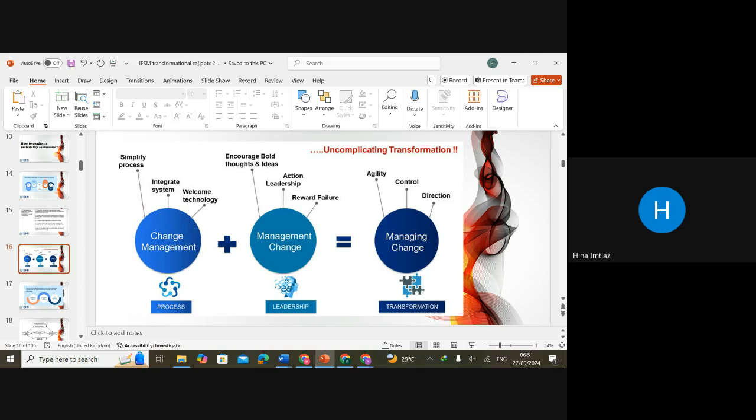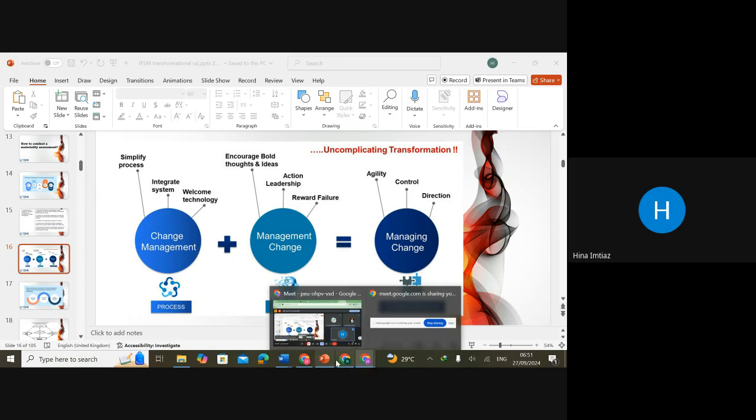You have to give a very simple solution to your team. Only then will you get the right control and direction, and only then will you see the transformation process. Transformation is not an easy thing, because a leader and the team both work together, and then you can deliver the transformational change.